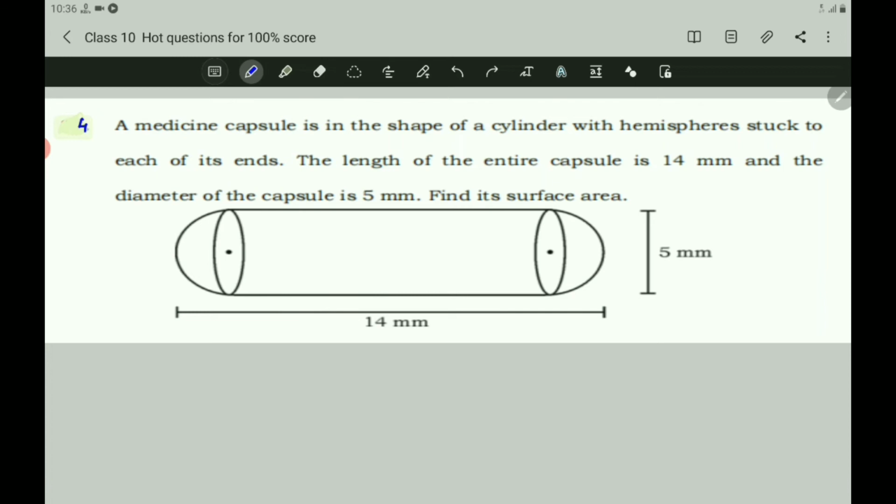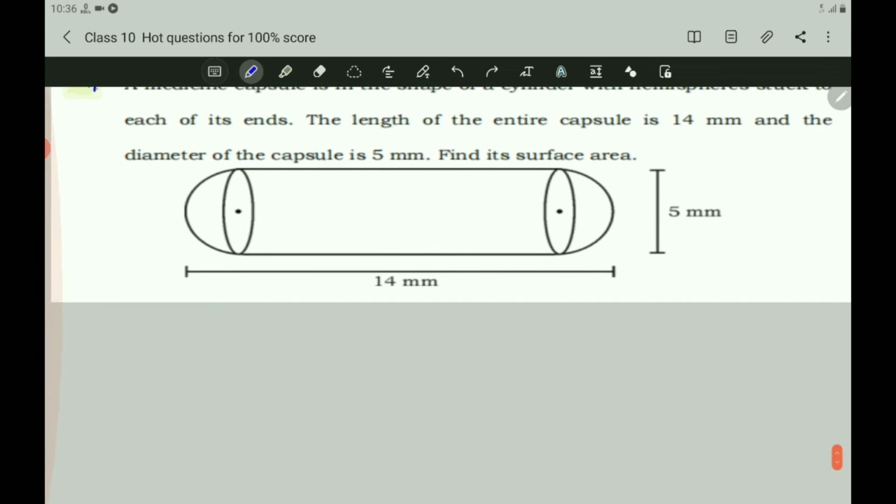So here you write, for the cylindrical portion, L is nothing but h here. h equals 14 mm minus the sum of the radii of both hemispheres, that is twice the radius, which equals the diameter.